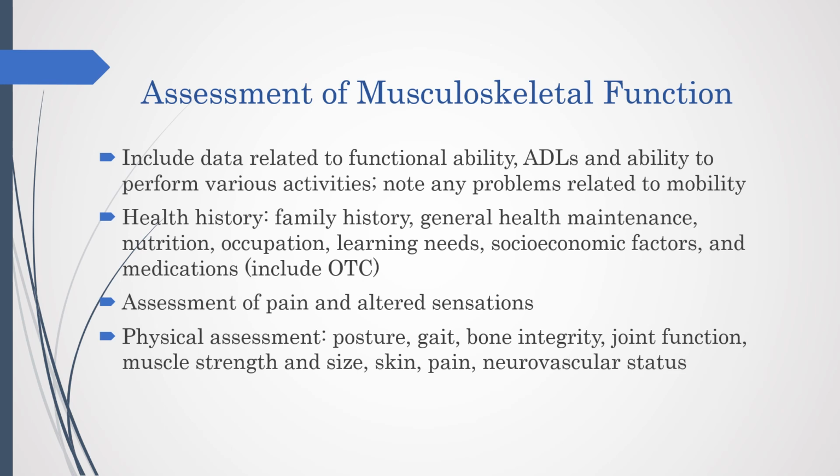Check the sensation for paresthesia, unrelenting pain, pain on passive stretch, and absence of feeling. Use the techniques of inspection and palpation to evaluate the patient's posture, gait, bone integrity, joint function, and muscle strength and size.